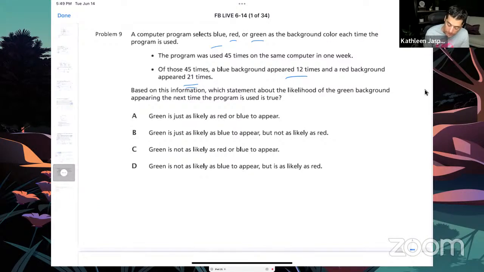So let's do this. I've got blue, red, green. Blue is equal to 12. And then I have red is equal to 21. And then I have green. Well, how do we figure out what green is?